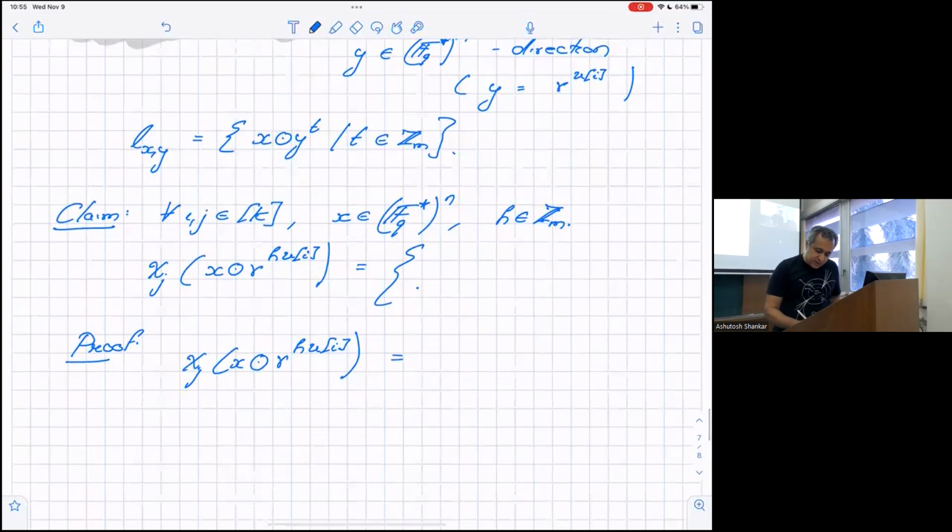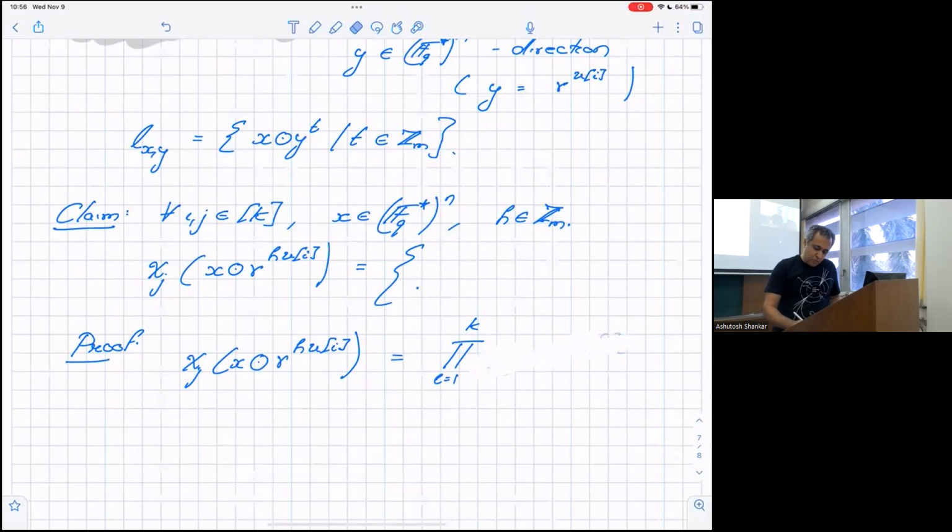By definition, pi_j is the product over l going from 1 to k of x_l, and here I have to take gamma to the h u_i. I have to take the lth symbol in it and multiply it with v_i, the lth symbol.